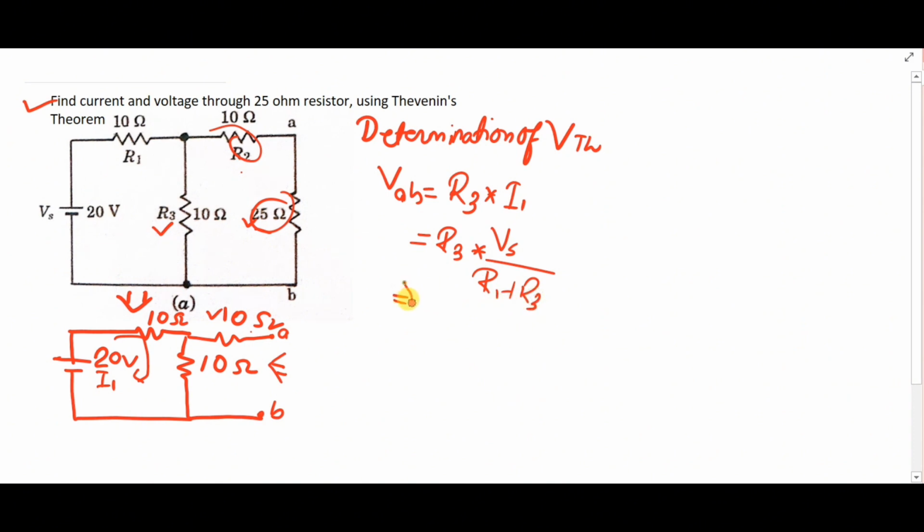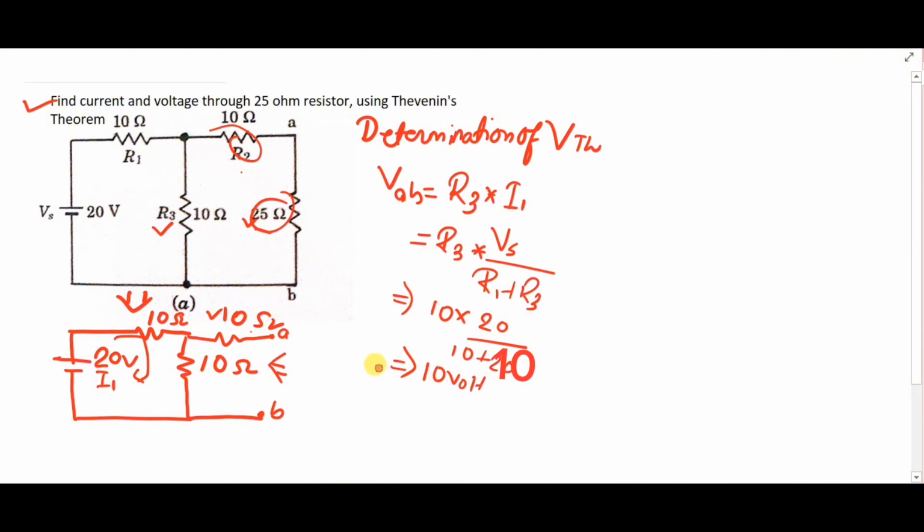Now substitute the values. R3 is 10 ohm into Vs is 20 upon 10 plus 10. So the voltage drop across the AB terminal will be 10 volt. That's how you can identify the voltage drop.